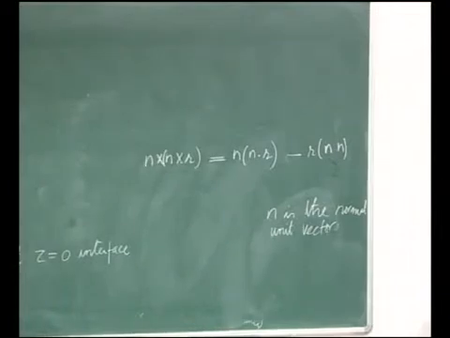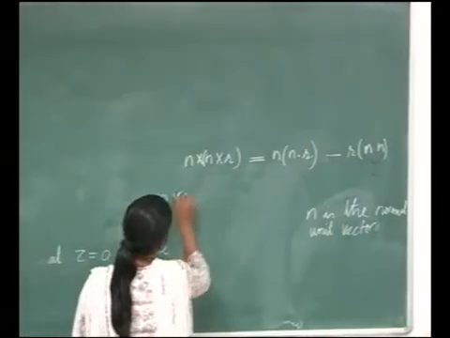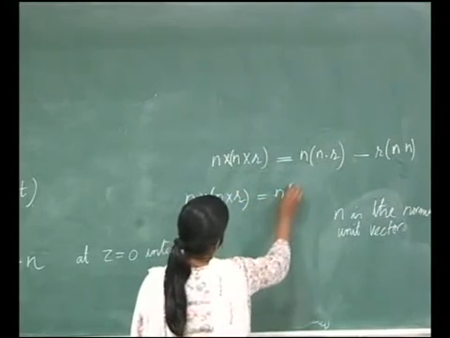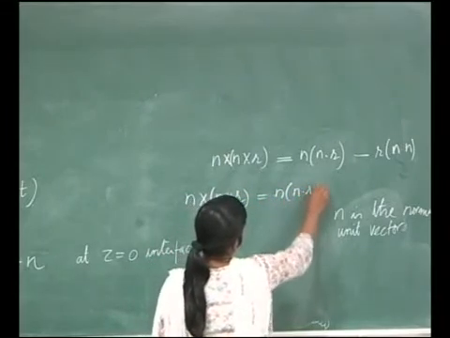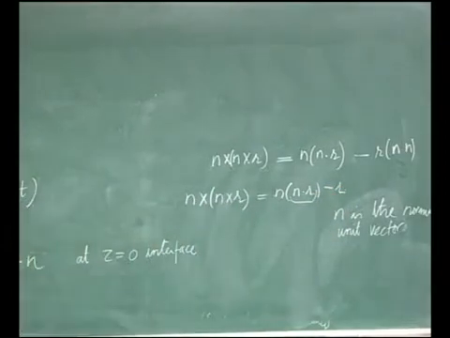Because it is a normal unit vector that goes to 1, I have here that n cross r is equal to n n dot r minus r. Now, what about n dot r at z is equal to 0?